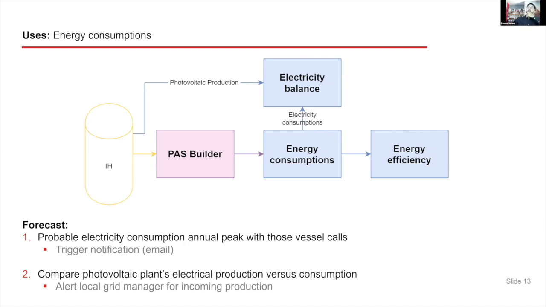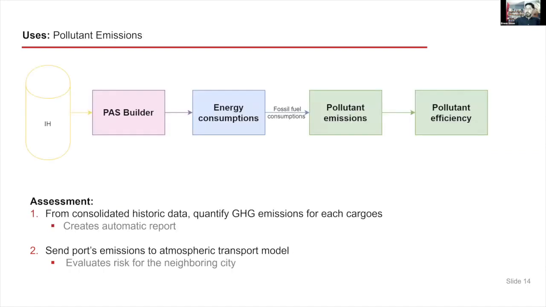Let's jump into environmental considerations. So again, remember, after the path, you can have an unlimited sequence of modules. You can even do some loops on it. It's again an oriented graph. So we see that we can have energy consumption. If you know that this machine has consumed this kind of fossil fuel, we can use emission factors to know the amount of pollutants that you have produced.